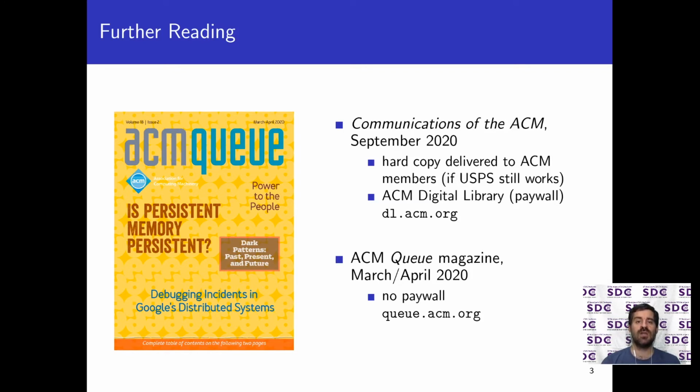Otherwise, you can always download a free copy from the ACM Queue magazine. The article cites a lot of earlier related work on testing persistent memory against power failures, and also other papers that are important for anyone interested in this topic. It also tells you where to download the software that works with the test hardware we describe in this talk.